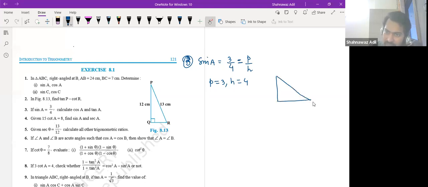Let's say this is A, B and C. So this is P, this is B and this is H. P is 3, H is 4. So can you calculate B for me? Please calculate and tell me.